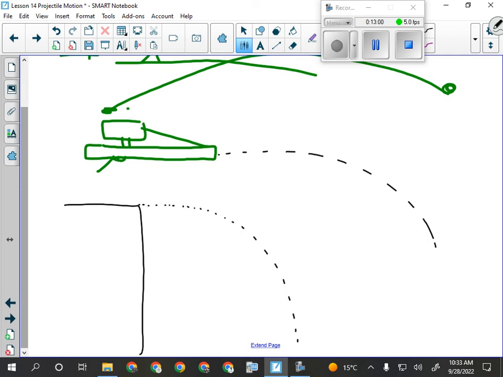It's moving horizontally at a constant velocity the entire time, all the way to the ground. But the difference is that it's accelerating downward, so it starts moving a lot faster downwards than it is horizontally, and so the downward part becomes the dominant part of that motion. So it looks like it's all vertical, but it's not. It's still moving horizontally the entire time.